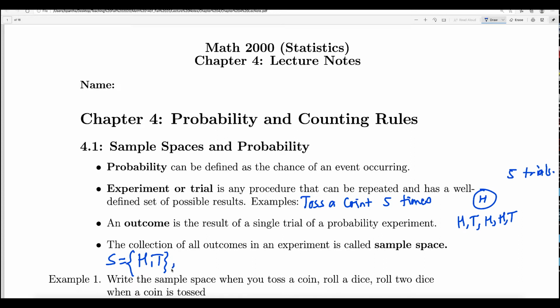So if you toss 2 coins together, then it could be S equals HH. The first coin can show up a head, second coin can show up head. HT, meaning the first shows head, second shows tail. TH, first tail, second head, and then TT.